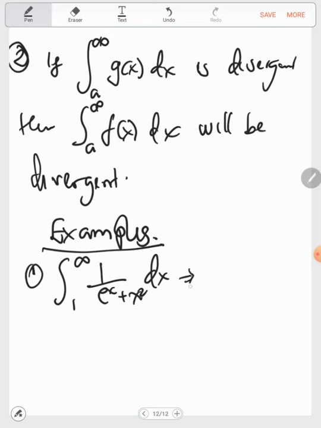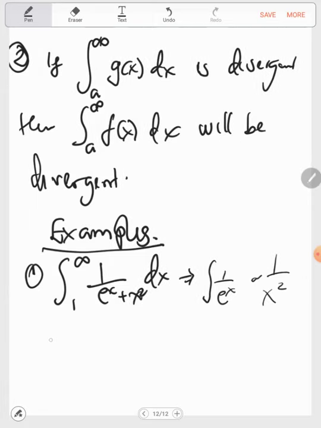We can compare this to the integral of 1 over e^x, or also the integral of 1 over x squared. Okay, so you try and compare.